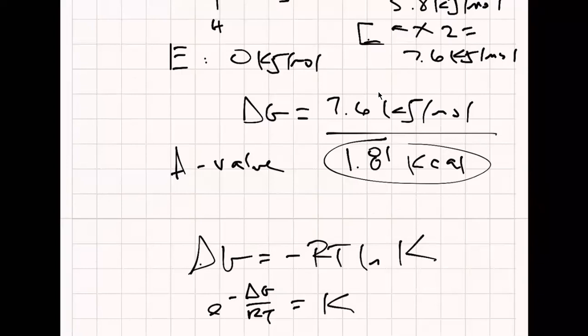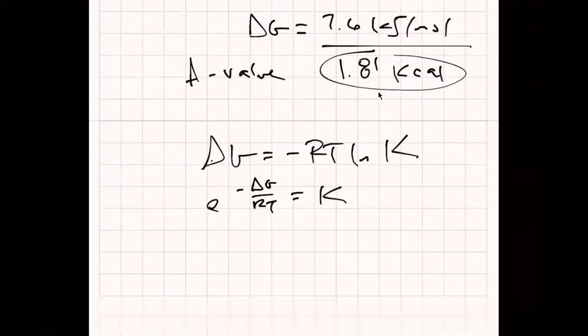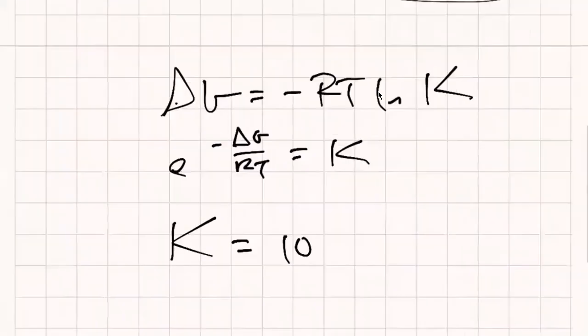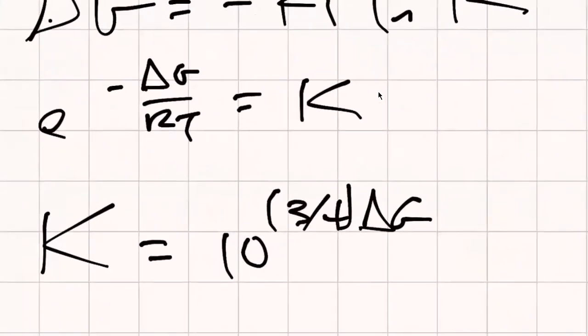I found a nice little article on this with a shortcut in it, so I'll give you that too, as far as how to calculate K. So the equilibrium constant will be 10 raised to the 3/4 delta G. So you can calculate it that way.